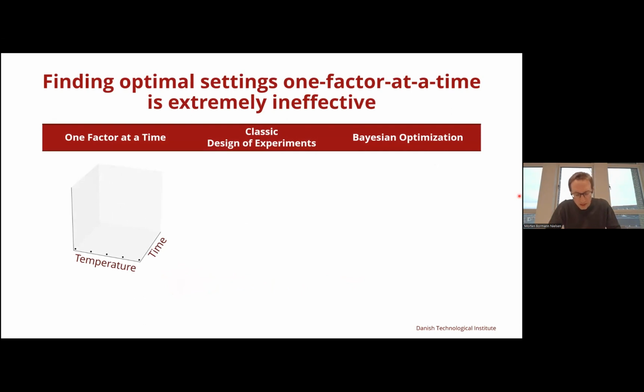I should stress that in most of industry, even though Arthur showed very well that design of experiments is basically 100 years old by now, most of industry across the world does not use it.